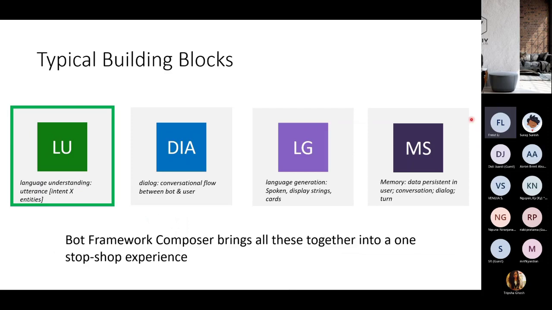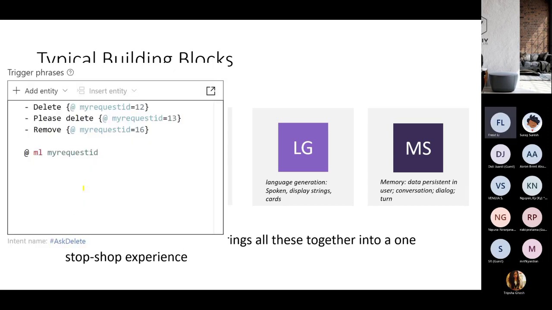This part is about the key building blocks for Composer. The first one is language understanding. It integrates with LUIS easily. For example, if I want to query my bot application with several commands for my engagement items, I want to delete items 1, 2, 3, or I want to say, please delete something or remove something.